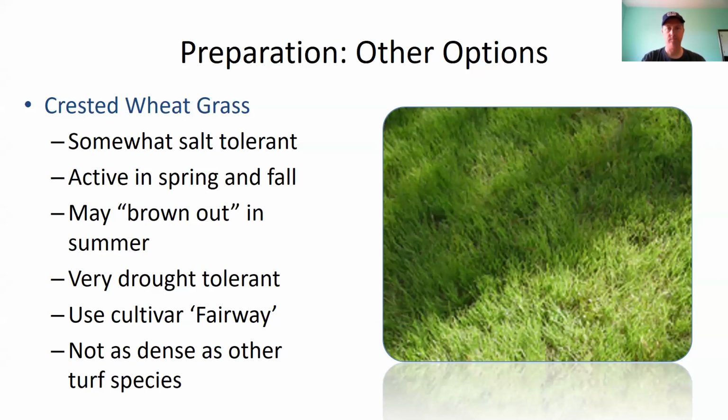Others: crested wheatgrass is one that you occasionally see used on golf courses in areas that they can't get irrigation to. Logan City for a while and Cache County were voluntarily having their golf courses reduce their irrigation by 10% a year to conserve water.